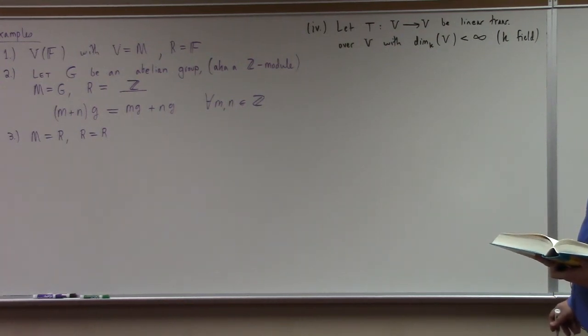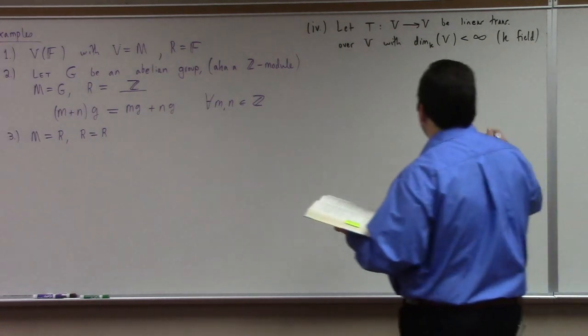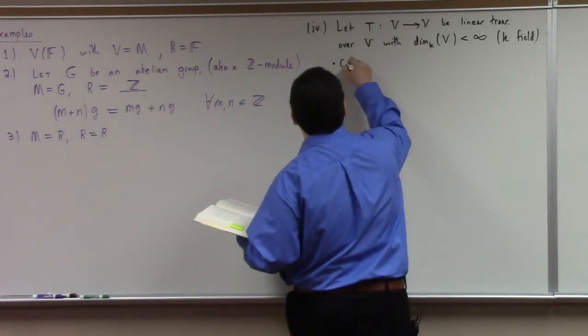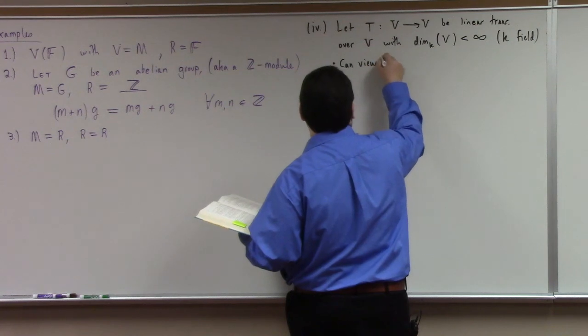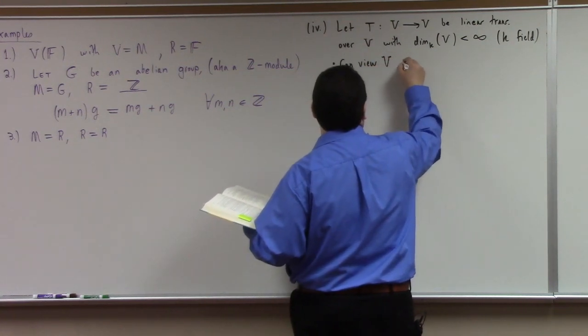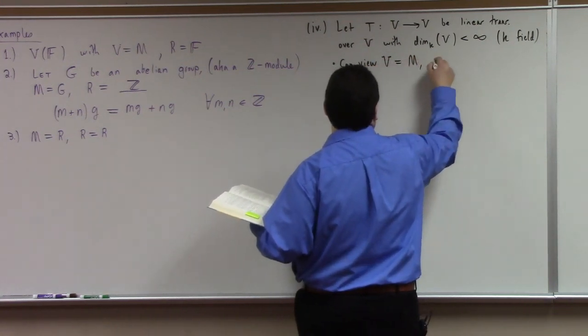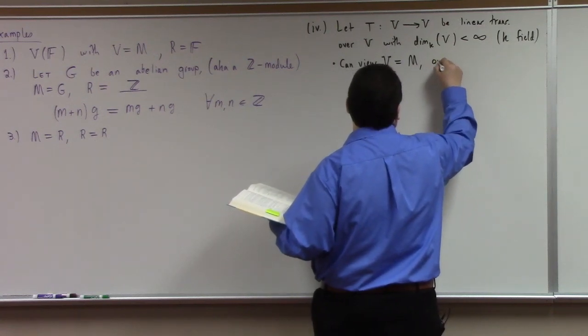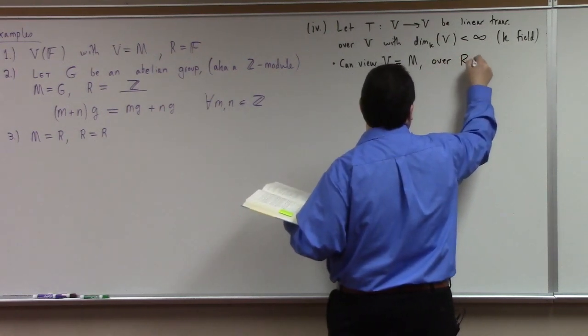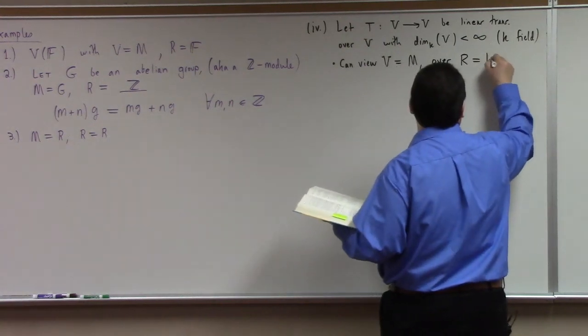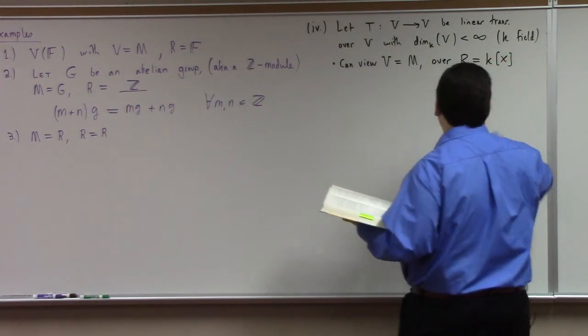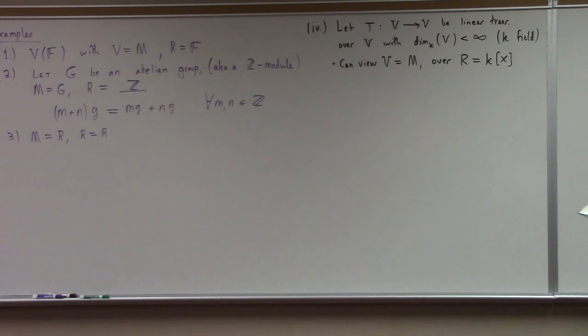And what he says is that the vector space V can be made into a K[x] module. We can view V as the module over R equals polynomials with coefficients in K of x. So the vector space V can be made into a K[x] module by defining the scalar multiplication as follows.